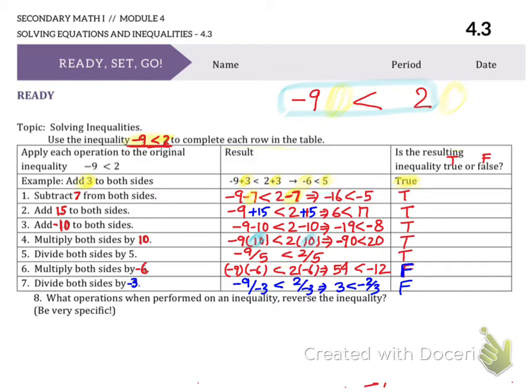Now based on these observations, in question number 8 they're asking, what operations when performed on an inequality reverse the inequality?